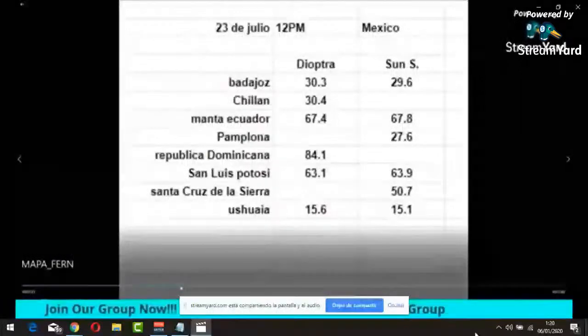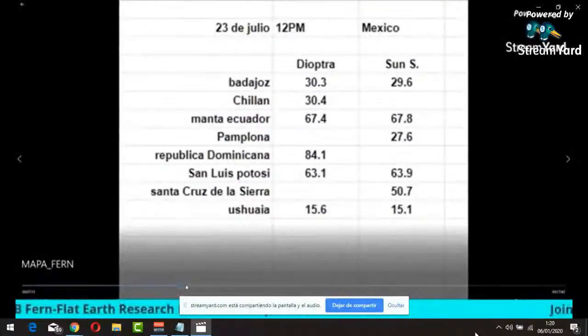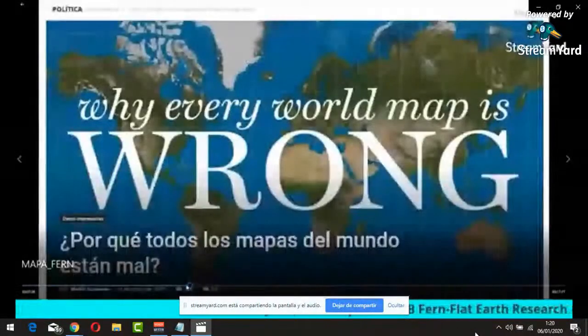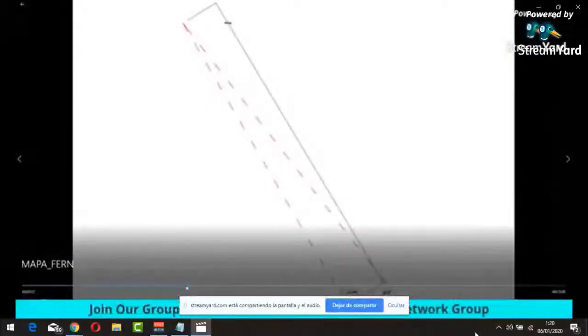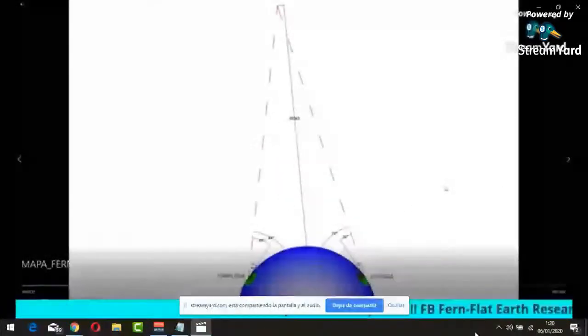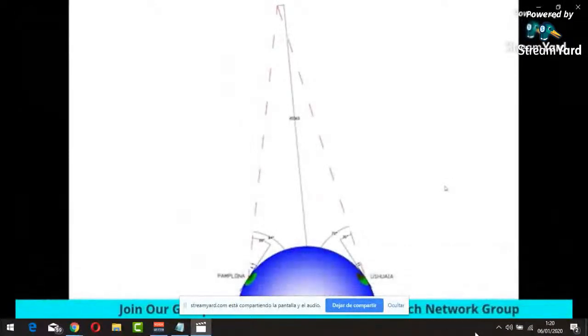We did different evaluations over 5 or 6 months about the position of the sun, if it's really 149 kilometers away. We tried to measure the height using the regular science about the shade of the earth. And this is not real.